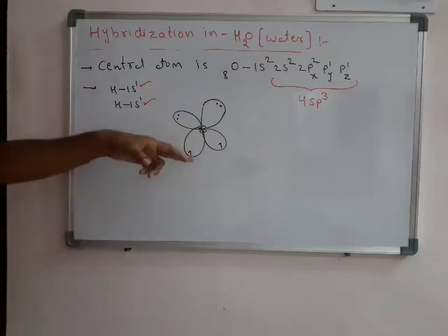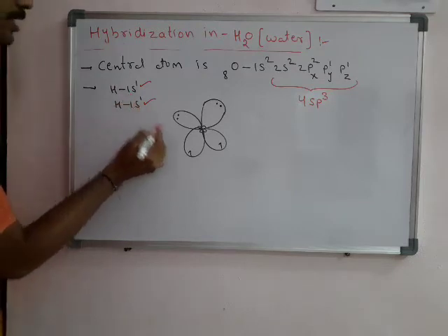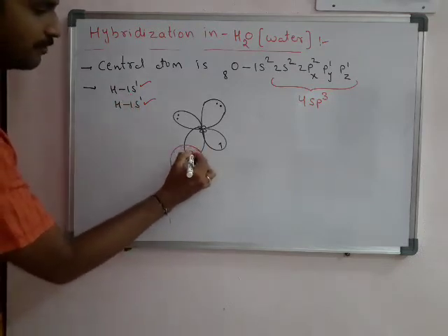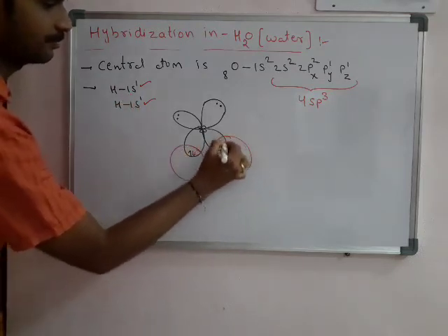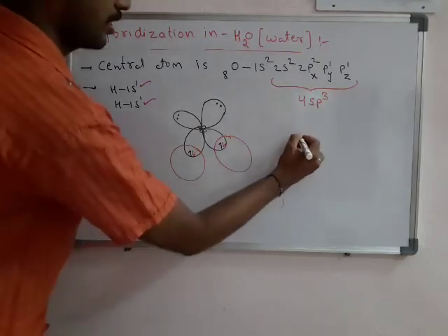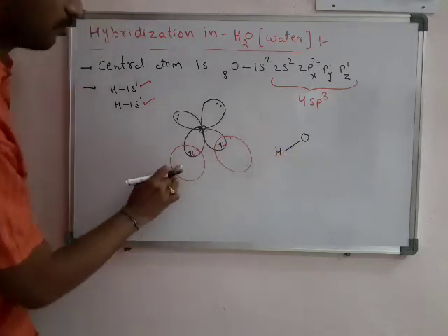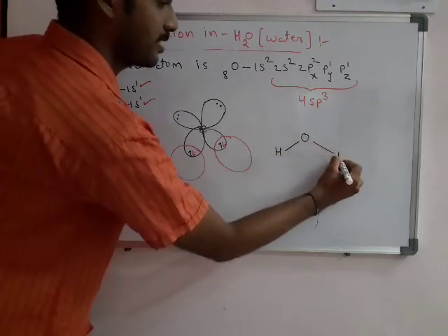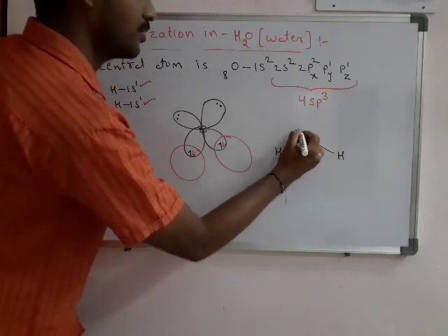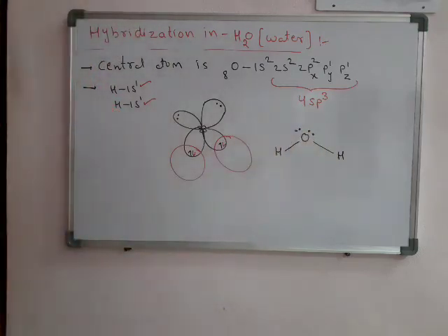Now these 2 are ready for bond formation and they overlap with the s orbital of 2 different hydrogens which are having unpaired electrons. Now what is the bond formation? Oxygen forms one sigma bond with one hydrogen, and another sigma bond with the other hydrogen, and 2 lone pairs are present.